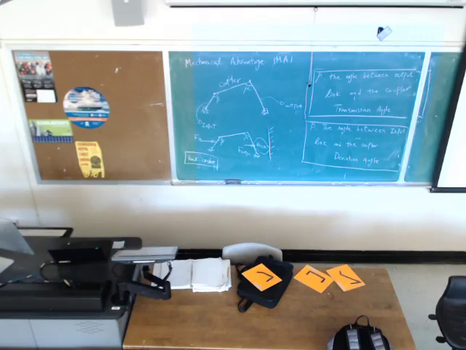If I want to classify this mechanism, it's a 4-bar mechanism. Shortest link is AB, S is 0.8. Longest link is AD, or 2.4. Shortest link plus longest link is going to be 3.2.